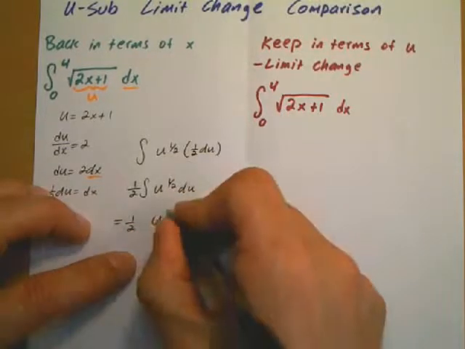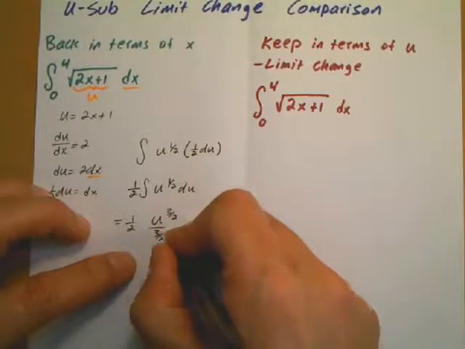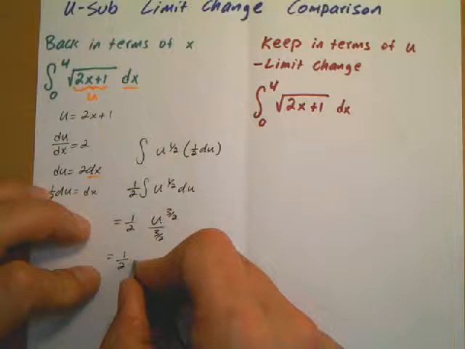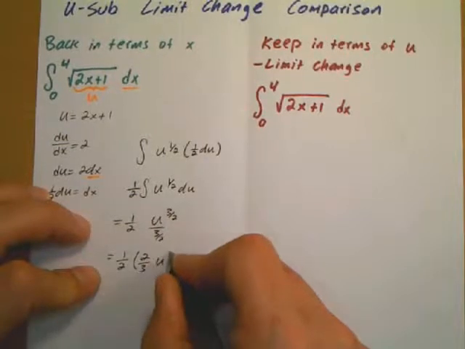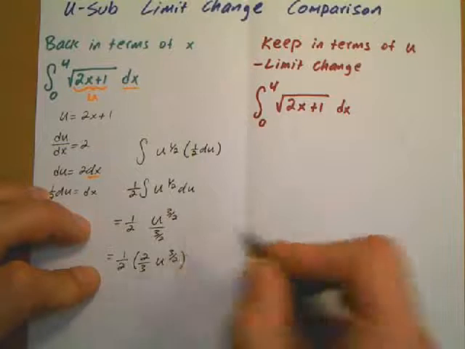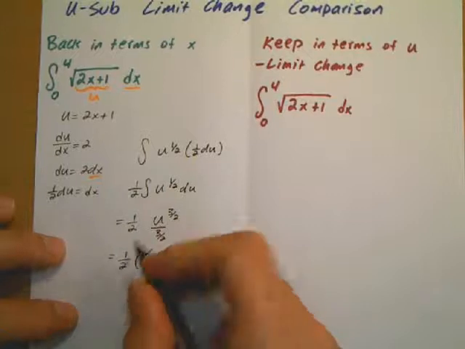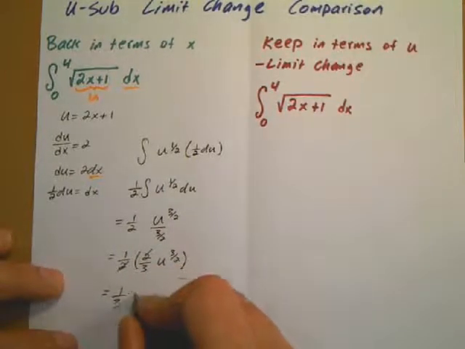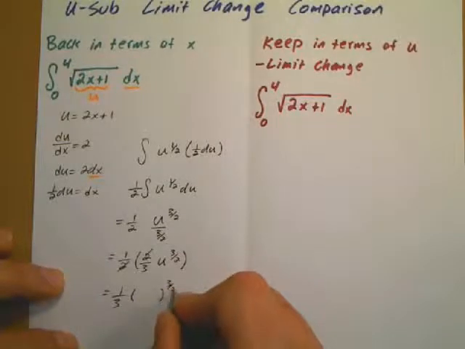If I add 1 to the power, it's 3 over 2, all over 3 over 2. I flip this, so it's 1 over 2 times 2 over 3 u to the 3 over 2. I reduce this. I have a 2 and a 2, so basically what I have is 1 over 3 u to the 3 over 2.